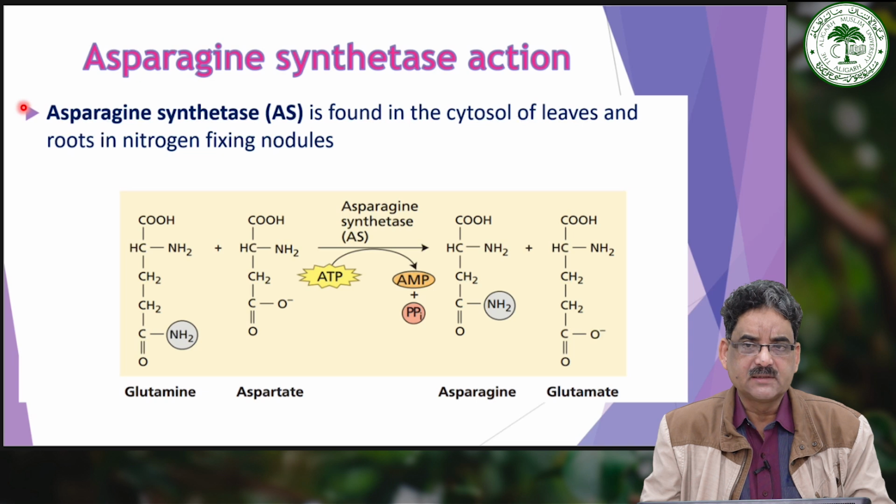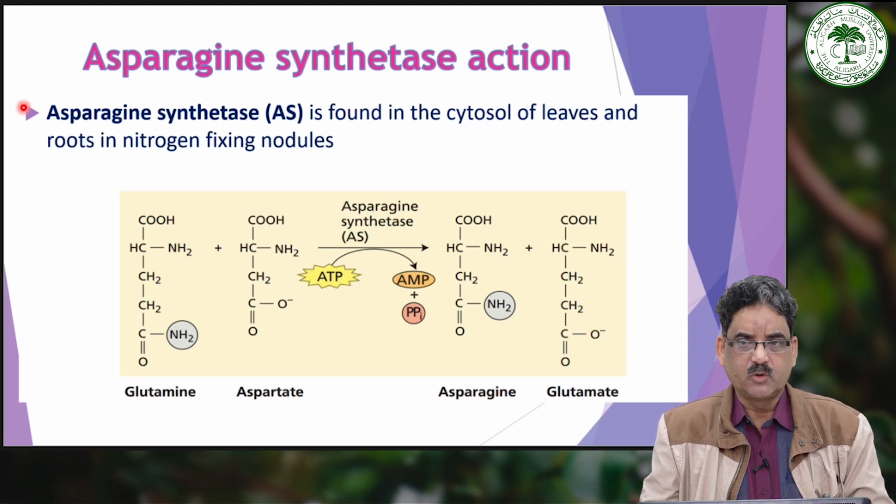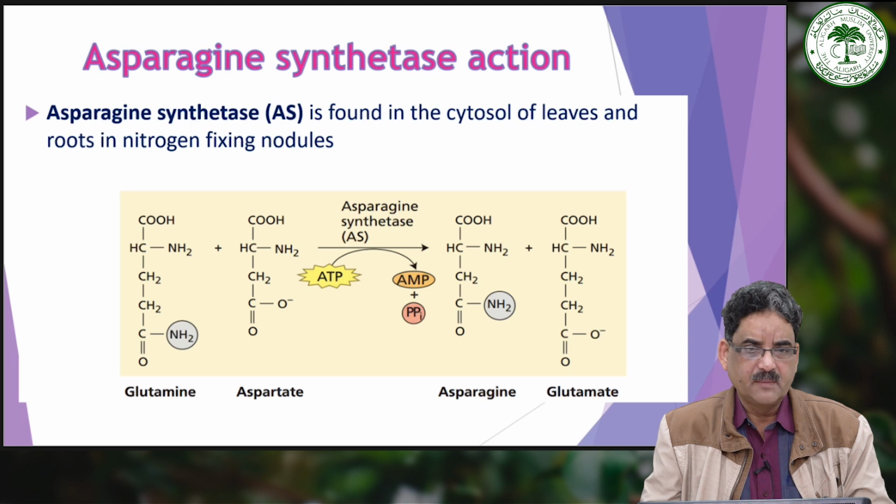Beyond its role as a protein component, asparagine plays a crucial role in nitrogen transport and storage due to its stability and favorable nitrogen to carbon ratio, specifically 2 nitrogen to 4 carbon for asparagine as opposed to 2 nitrogen to 5 carbon for glutamine and 1 nitrogen to 5 carbon for glutamate.